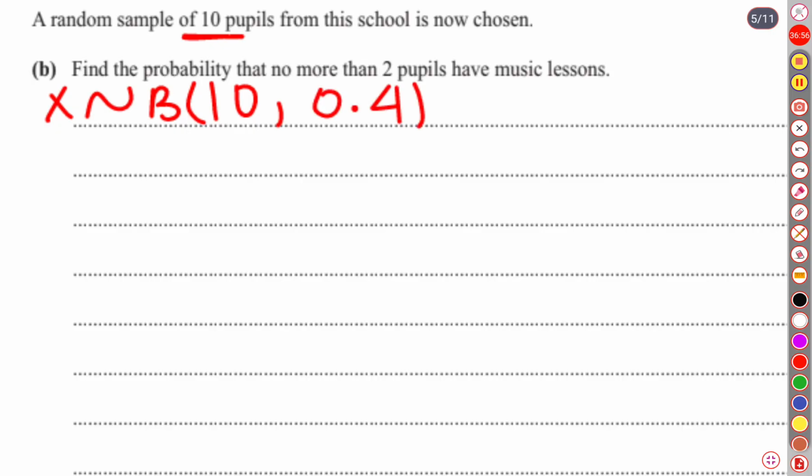Now they have told us to find the probability of X no more than two people. That means X is less than or equal to two.